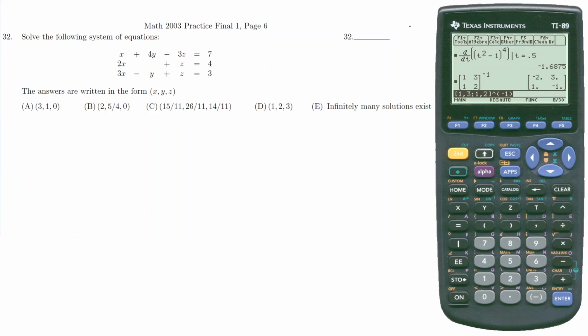31A. 32C, here type in RREF. I always type it in myself. It's the best. It's much simpler that way.